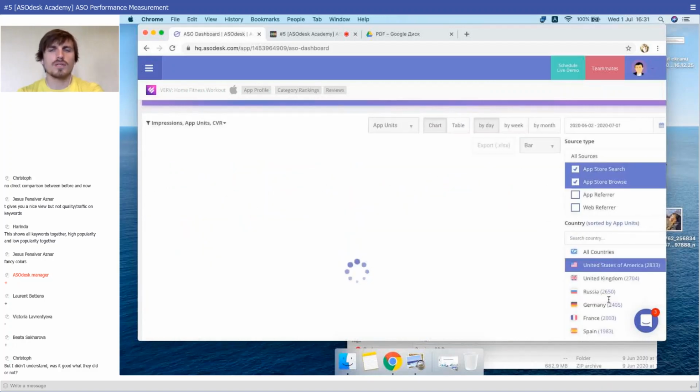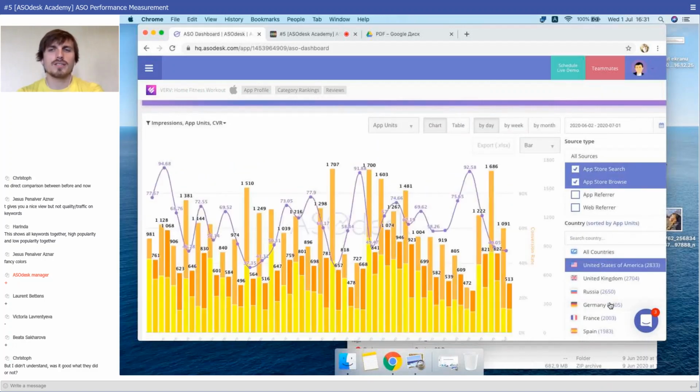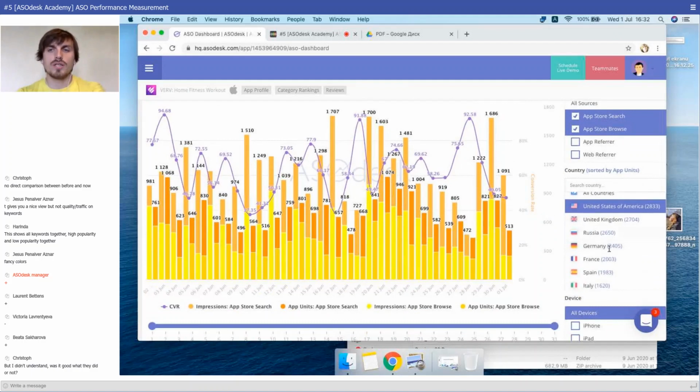For example, you are conducting a marketing campaign right at the moment, and you would like to see your traffic from, let's say, App Store browse and App Store search at a time, and check the dependency of both these traffics.